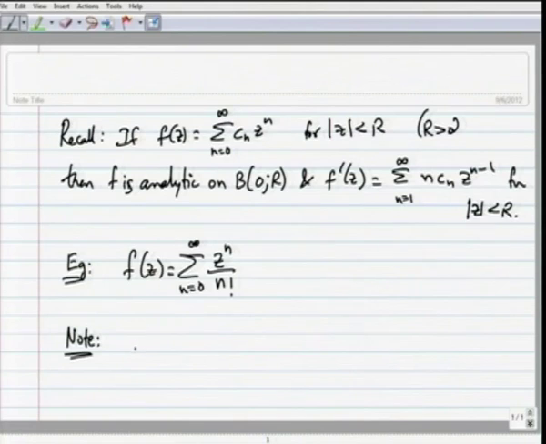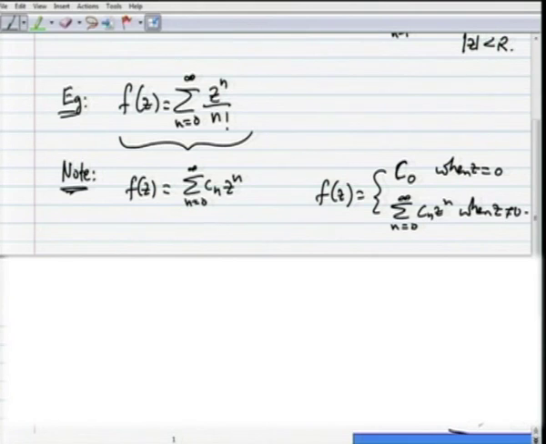When we write f of z equals sigma n equals 0 through infinity C n z power n for a type 1 series, what we really mean is that this is a split function: f of z is equal to C 0 when z equals 0, and f of z is that series when z is not equal to 0. Since 0 power 0 is not defined, we split the definition of f of z.